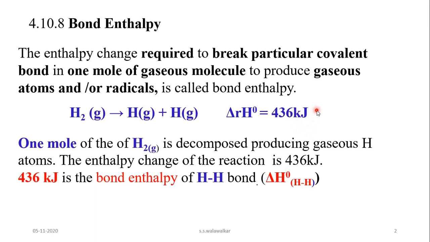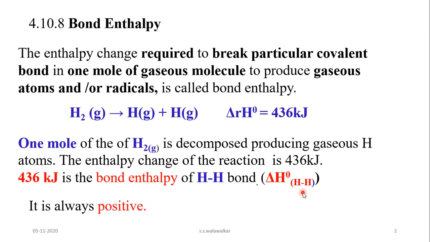So it is a positive value required. And this is nothing but the standard enthalpy of reaction. So 436 kilojoules is the bond enthalpy of hydrogen-hydrogen bond. And that is represented like this, delta H0 HH. Here HH represents the bond enthalpy of this bond, HH bond, and it is written as a subscript.